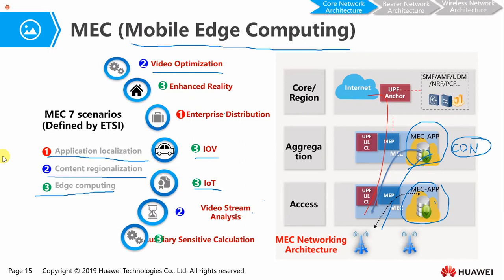We deploy the server near the user. It needs low latency, so in this case we put the application server near the user. It can lower the latency. So this is about the edge computing scenarios.